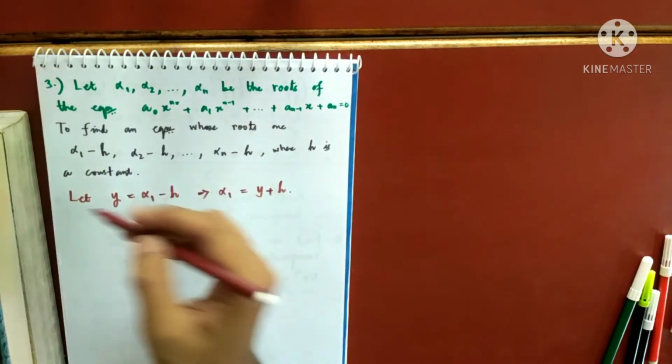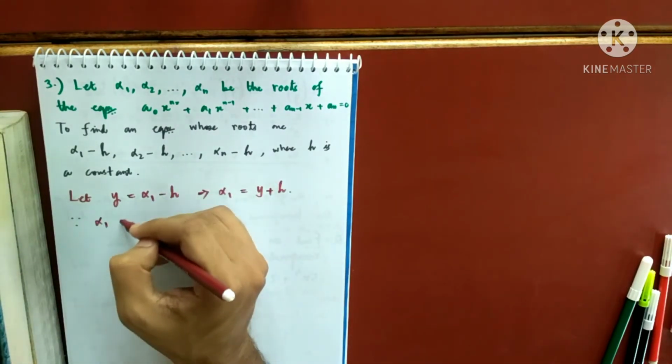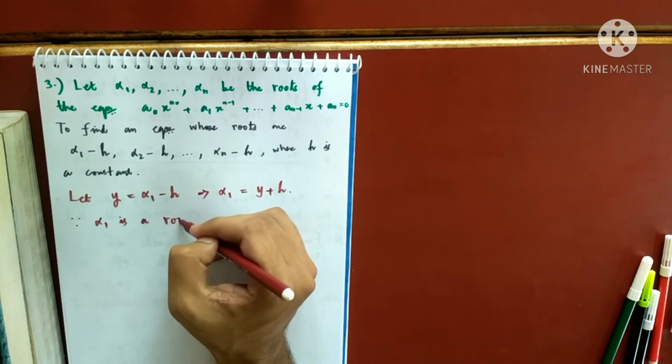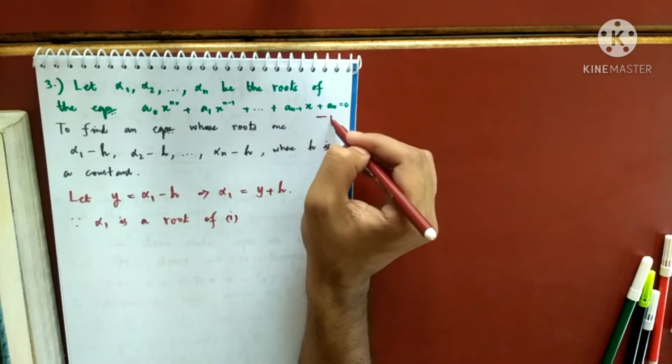Now, for the same reason, since alpha 1 is a root, alpha 1 is a root of, say, equation 1. I am calling this 1.